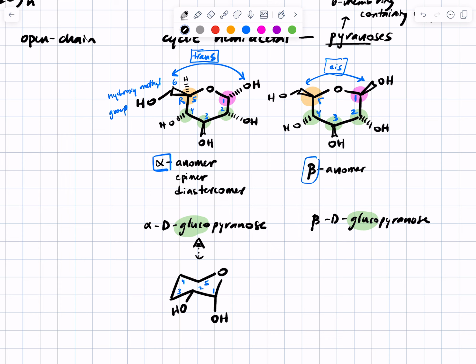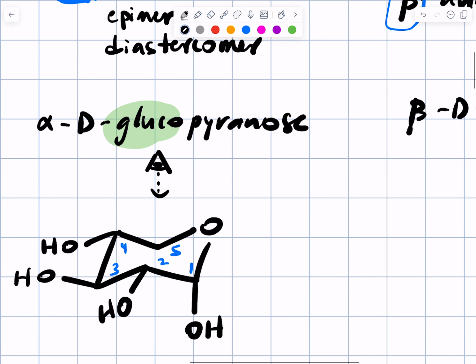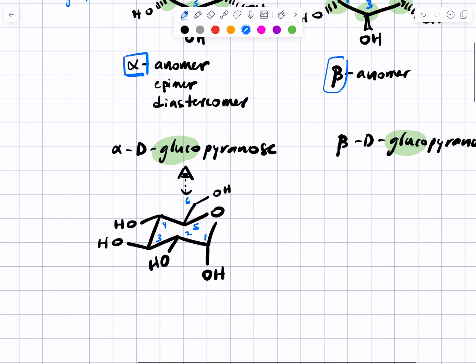What's the up position on carbon 3? Also equatorial. C4 is a dash, down, equatorial, and then C5, the hydroxymethyl group, is up, and at this carbon that's also equatorial, and we can draw it like this. So in alpha-D-glucopyranose, and this is why glucose is the easiest one to start with, if you draw it in its chair form, C2, 3, 4, and 5 are all equatorial.